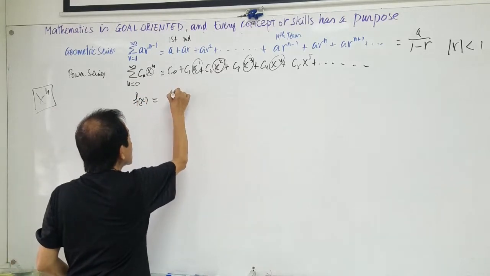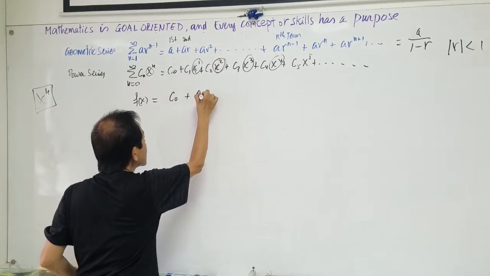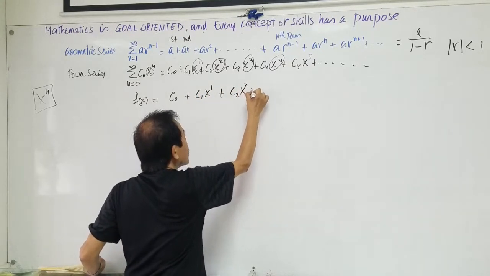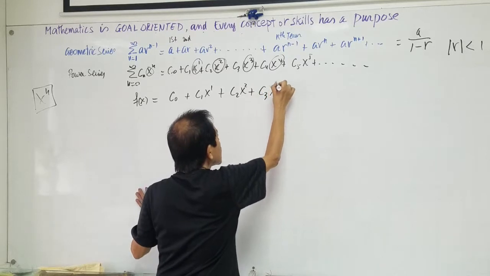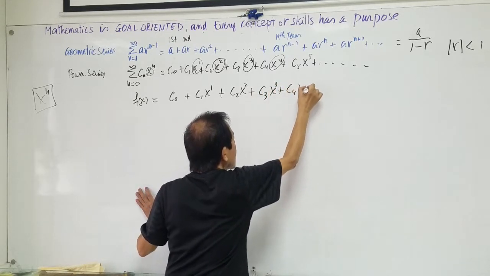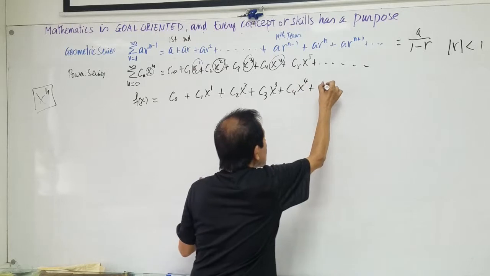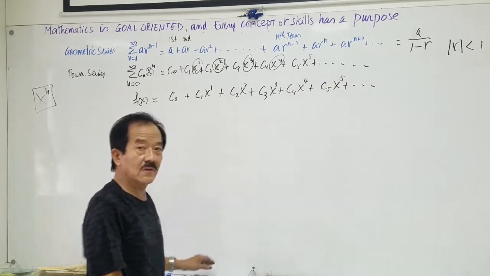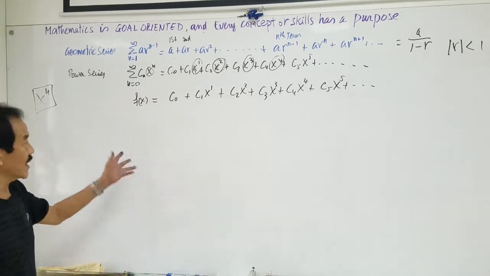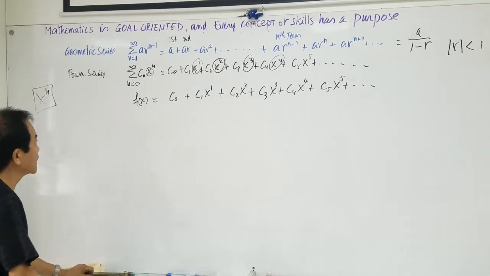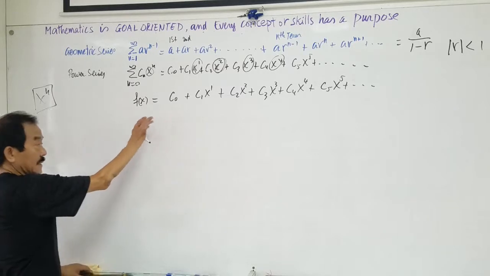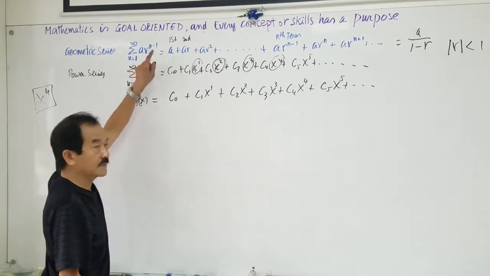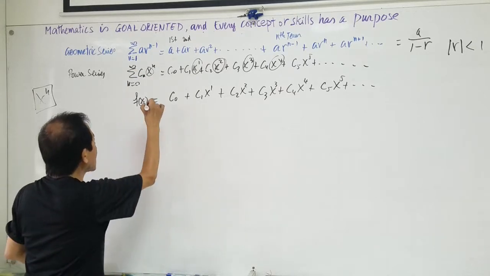We can write it as c sub naught plus c1 x plus c2 x squared plus c3 x cubed plus c4 x to the 4th plus c5 x to the 5th plus and so on. Okay? So now we try to write the function in terms of x, in terms of a series, a power series. Not this series, but a power series. So let's start like this.